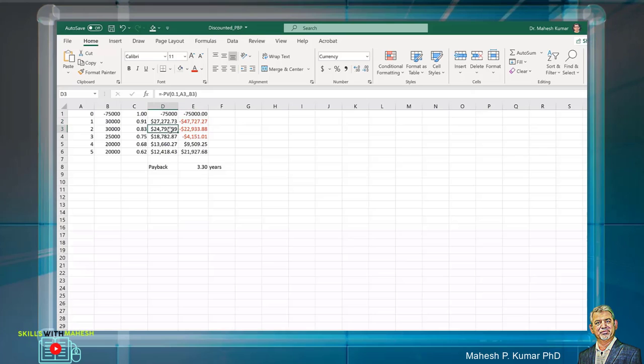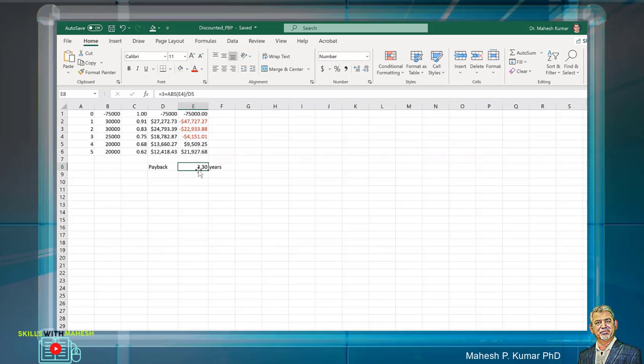So this is what it is. And eventually this is the formula which gives us the discounted payback period. When you learn a little bit, one column at a time, you process it and you get the values. And for this question, the answer is 3.30 years.